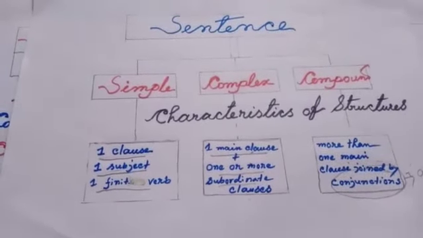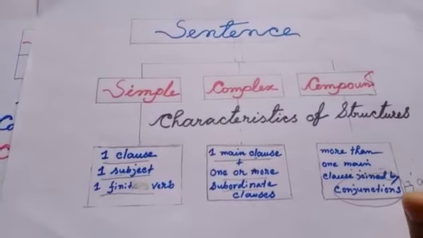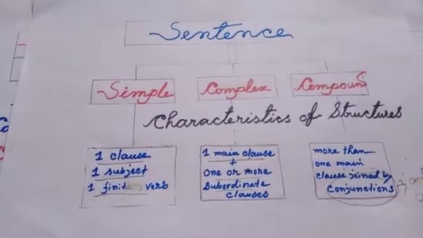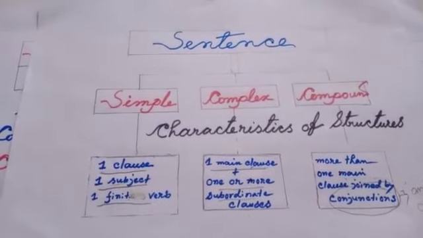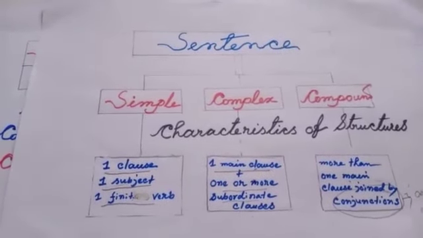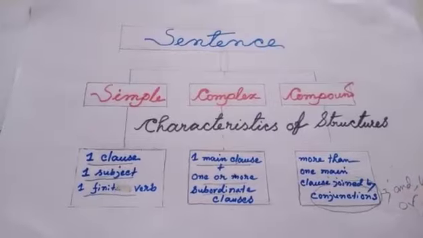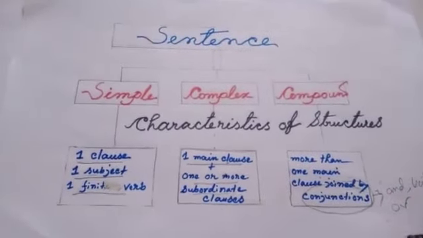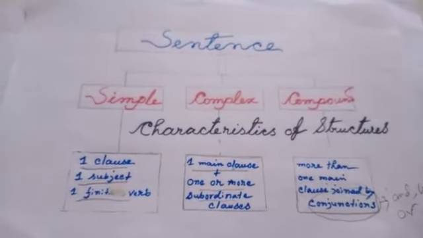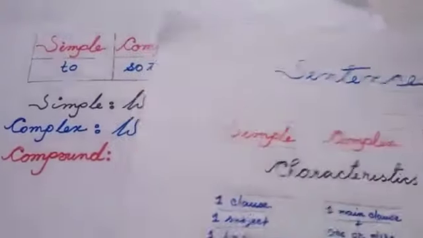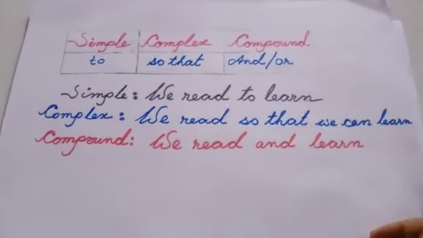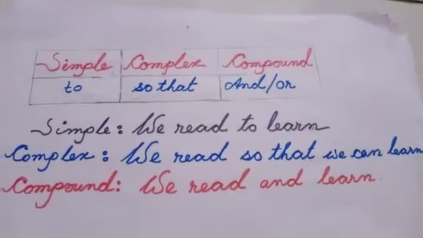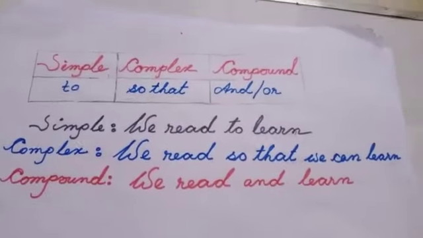Now all of you know what is clause and what is subordinate clause or principal clause. And complex sentence has one main clause, one or more subordinate clause, and compound sentence has more than one main clause and that will be joined by conjunctions. Now let's start simple, complex and compound. This is our first rule.